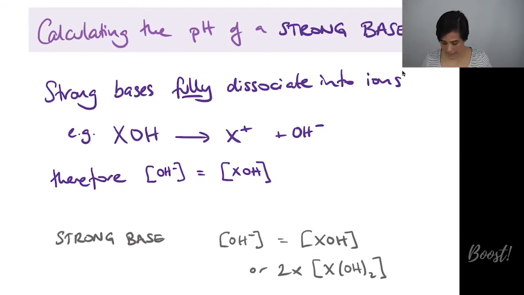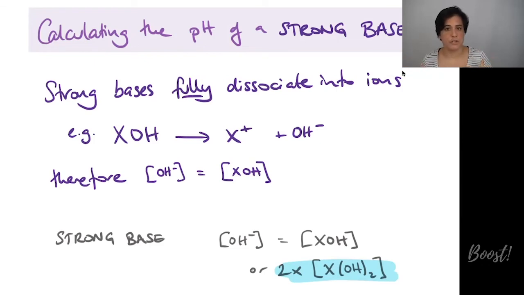And again, just this note in grey that we need to be a little bit careful about whether there's 1, 2, or perhaps 3 OH minus ions for that particular base. So for example, calcium hydroxide, a group 2 hydroxide, would be in this situation down here. We'd have 2 hydroxide ions for every 1 calcium hydroxide molecule, and so we need to times the concentration of our calcium hydroxide by 2 to get the correct concentration of OH minus ions.